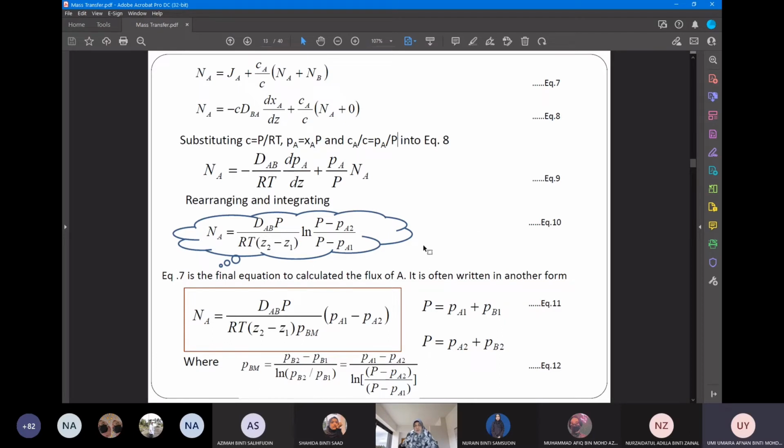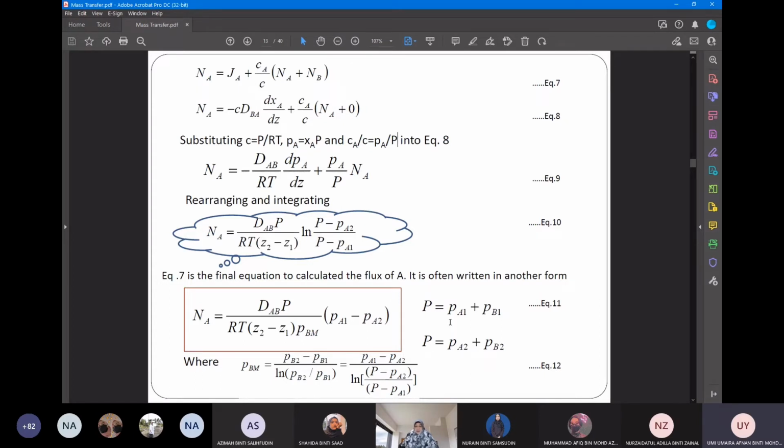Now if it involves diffusion of A and non-diffusion of B, you are going to use this equation to calculate the total flux. The total flux of A is given by diffusivity AB multiplied by total pressure, and then ln of (P minus PA2) over (P minus PA1).